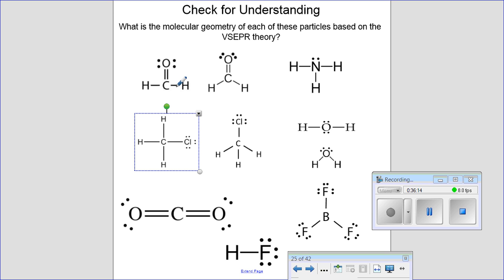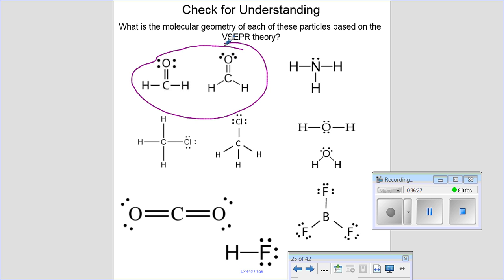So for this Lewis structure, I have a central atom with 1, 2, 3 bonded atoms and no lone pairs of electrons on the central atom. So 3 bonded atoms, no lone pairs, so this is going to be a planar structure. CH2O is a trigonal planar geometry.